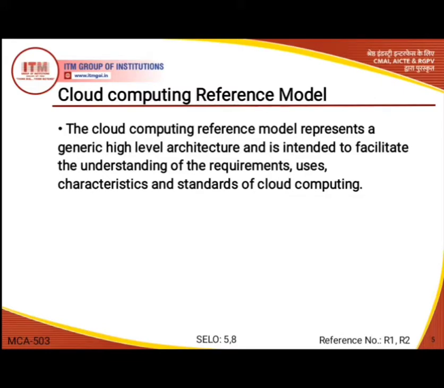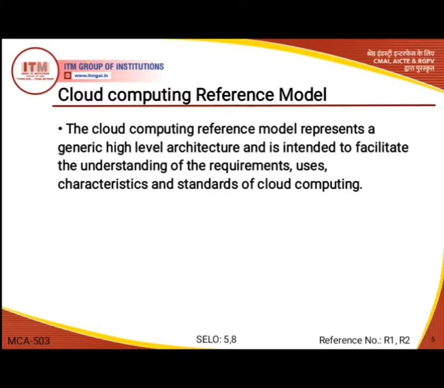So we can say that the cloud computing reference model is used to facilitate the process of cloud modeling, deployment, planning and architectural view. The cloud computing reference model will hopefully establish a standardized process for modeling clouds.